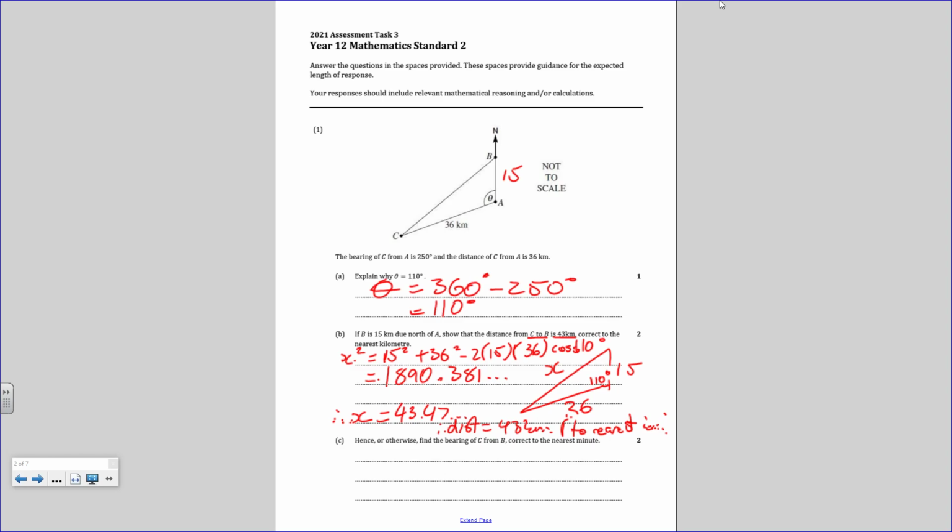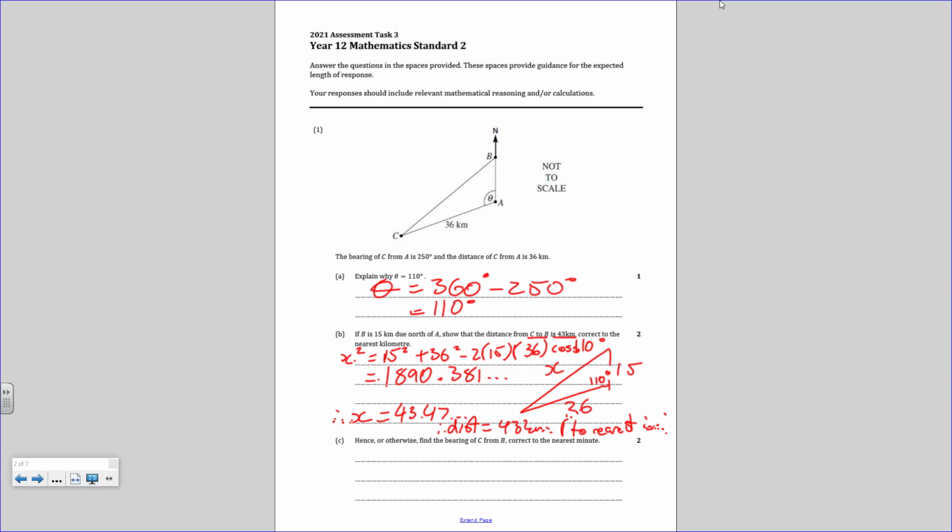That was an error with some people who were just doing it to the nearest degree. Make sure we're reading the question carefully. We're trying to find the bearing of C from B. To be clear, we're not trying to find that bearing, because that would be B from C, but we're trying to find C from B.